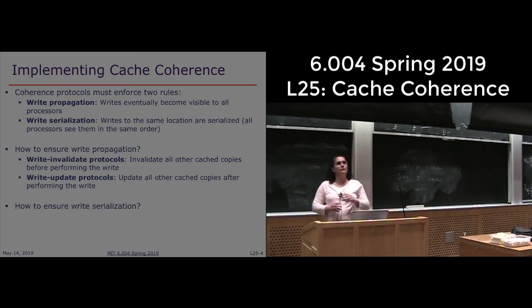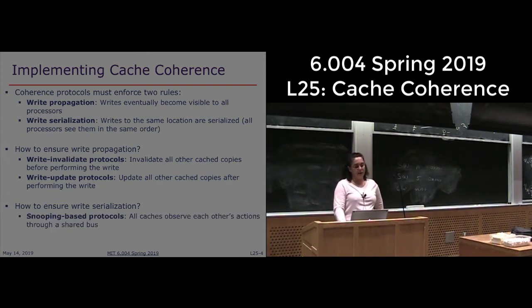All right, what about write serialization? There are essentially 2 main solutions for this as well. The first is what's called a snooping-based protocol, and that's what we're going to primarily focus on in today's lecture. This model, as you'll see, breaks down as you start to have a much, much larger system with many processors, but it works very well for smaller systems.